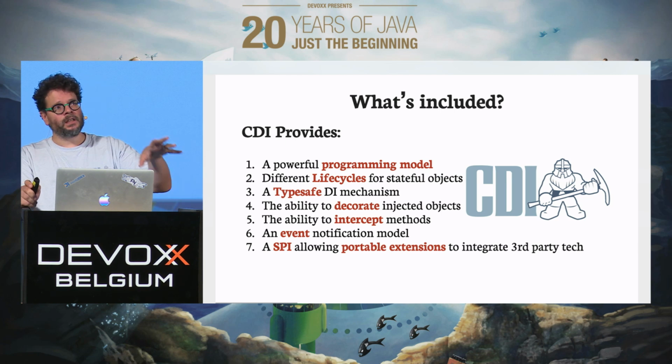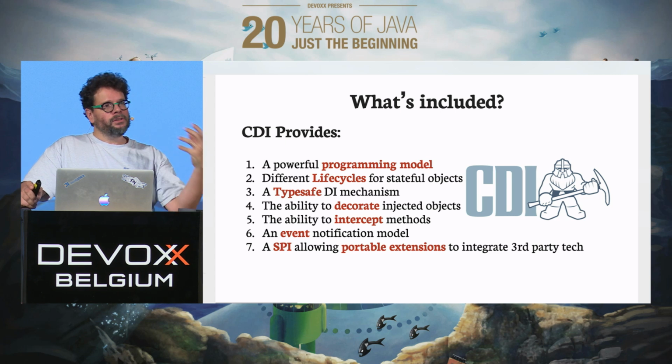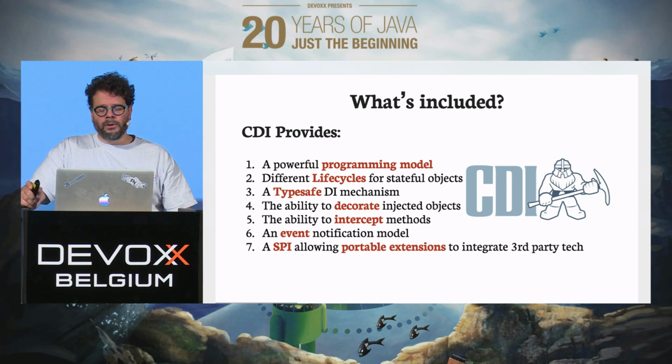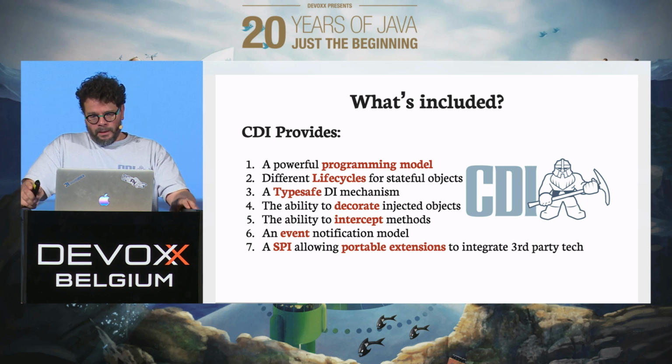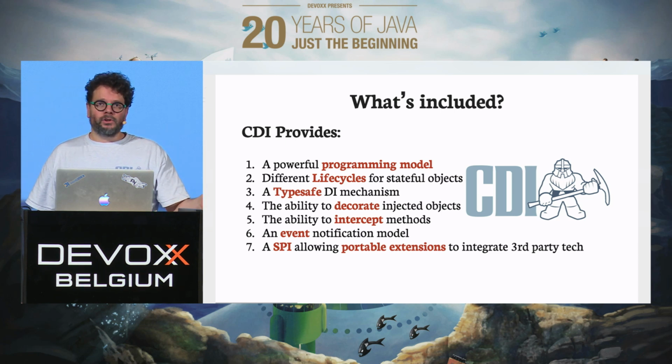So we have a system of portable extensions included in CDI, which allows you to extend the platform to integrate third-party frameworks or to have a better integration with other specifications. And it's said portable because it's a way to extend the platform, but on all the application servers supporting CDI, you will be able to use the same portable extension without any specific stuff.